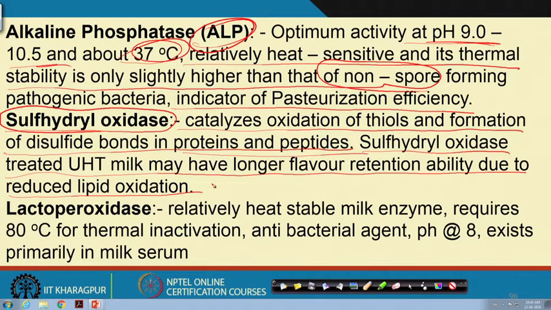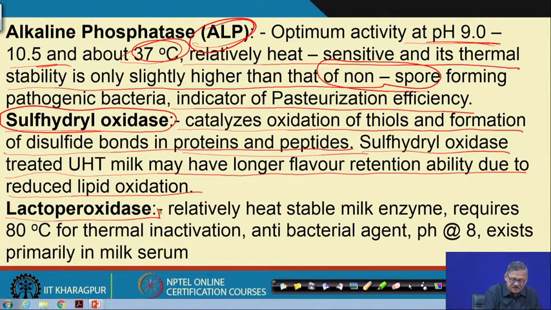So, that is the reason why some good flavor can be retained in the UHT when this sulfhydryl oxidase catalyzes oxidation of thiols for forming disulfide bonds. So, that is forming some flavor producing components, not the oxidation of the lipid.